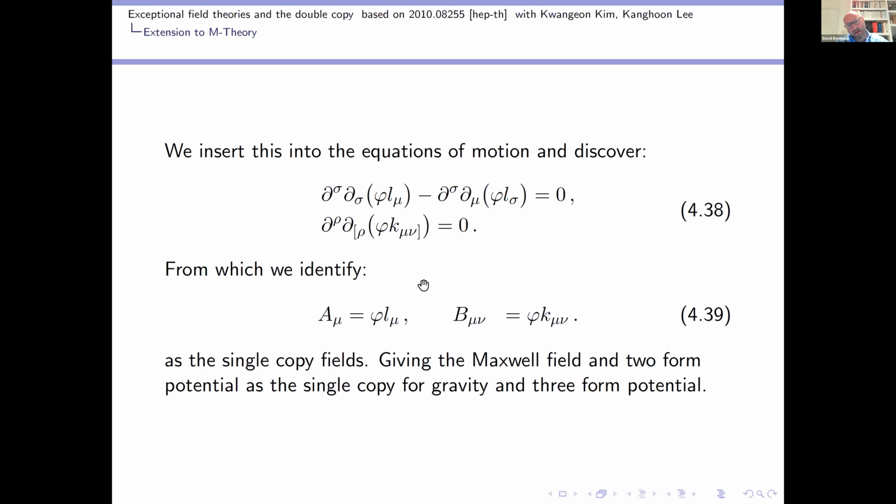There has been work done by Henning Samtleben and collaborators where they formed an interacting supersymmetric theory with A and B. This was done in the context of the tensor hierarchy in supergravity. So people have formed supersymmetric multiplets with interacting A and B fields that are non-abelian.